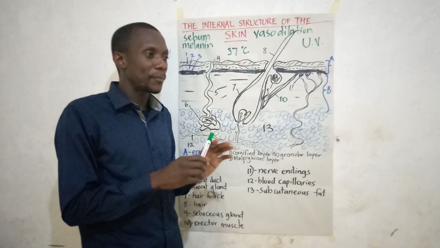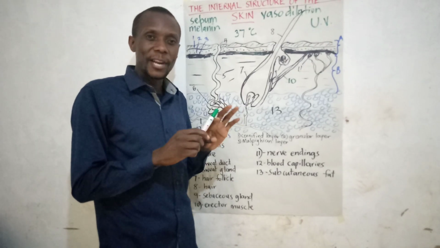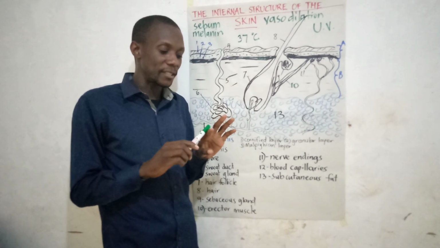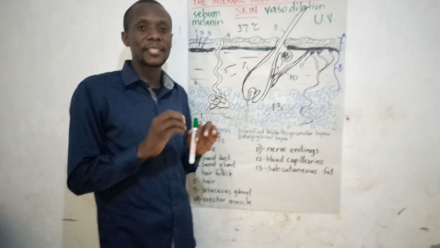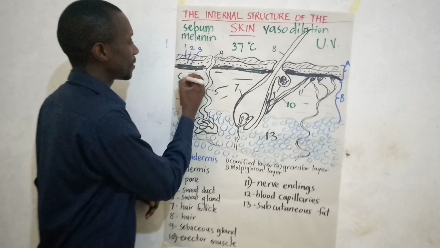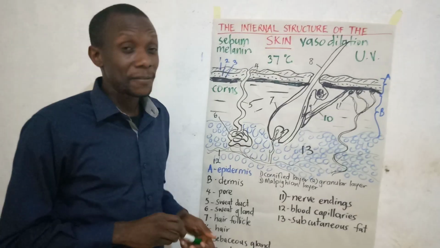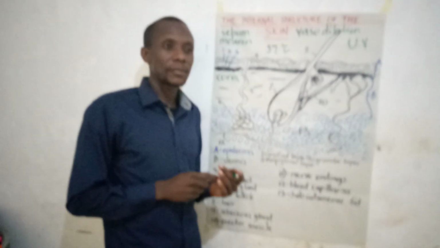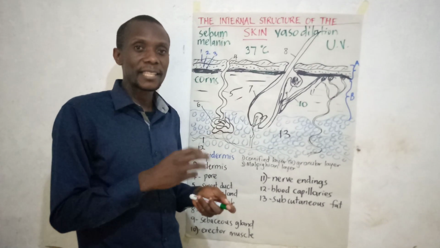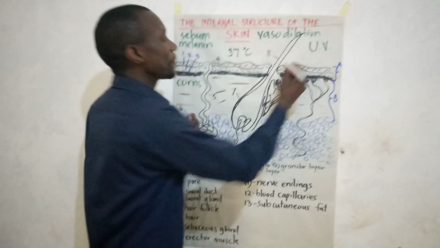Any body part where you expose the skin to excess pressure and friction will develop a corn. I've seen some people who have corns on the fingers because of holding the writing material badly. Other disorders of the skin include vitiligo, where some people lose melanin in patches of their body, causing the skin to become white.